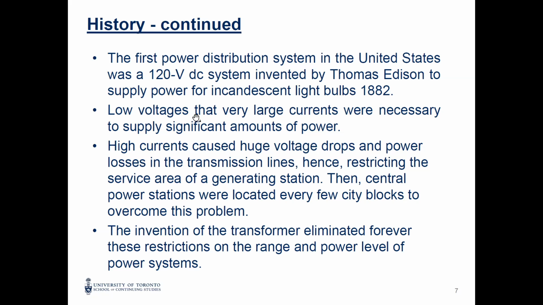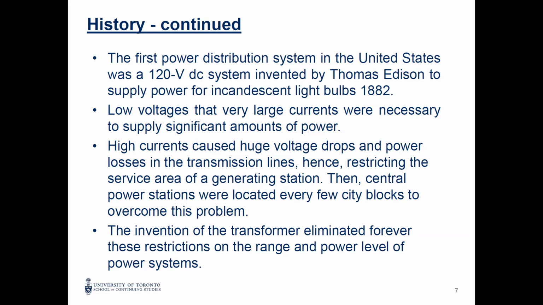The main issue they found was that many people started to use electricity, so with very large currents, we started to see low voltage, voltage drop, especially if you have very large currents, which means a significant amount of power. It's also not just the voltage drop due to the high current, but also losses, I squared R.